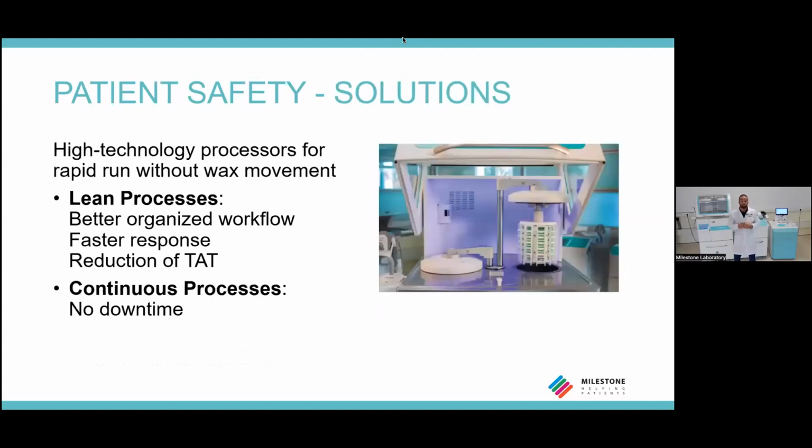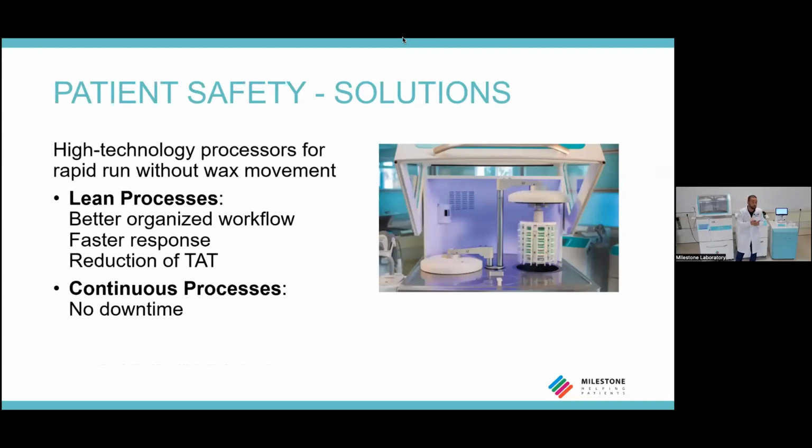So in our processor, several solutions are put in place in order to reduce errors in processing. Nowadays, the tendency is to have an organized workflow, with different paths for different specimens. Biopsies, transplants, and fatty tissue have different processing times and different loading routines.